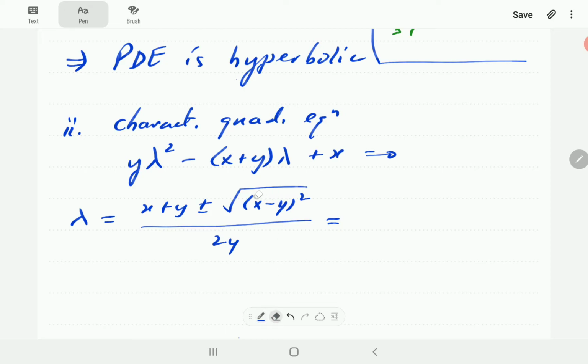So this is just going to be x minus y. If we add these, the x's are going to add and the y's are going to cancel out. If we subtract, the y's are going to add and the x's are going to cancel out. So one of the roots is going to be 1 and the other one is going to be x over y.